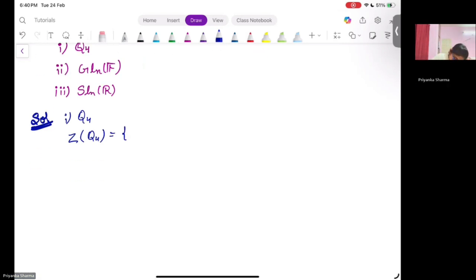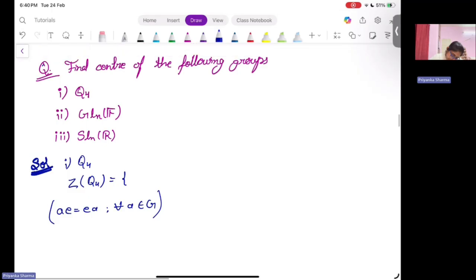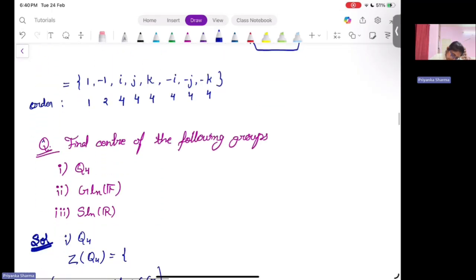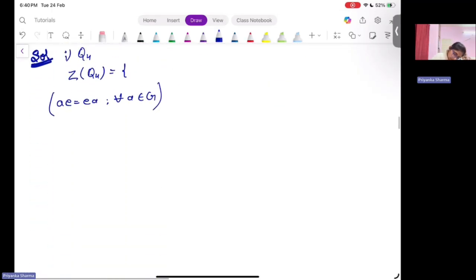As we know by the identity axiom, AE equals EA for all A belonging to some group. So identity will always be a part of the center. What is the identity of Q4? We denote that by 1. So 1 will be here.